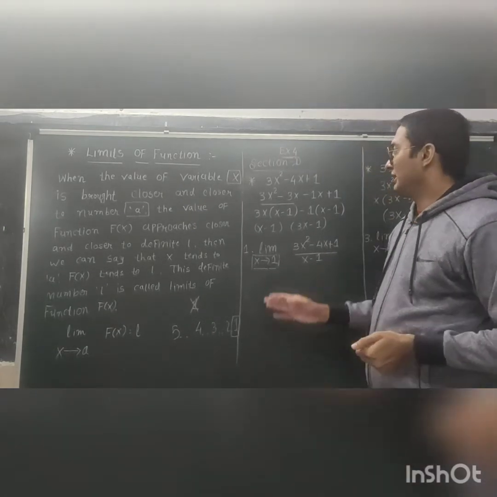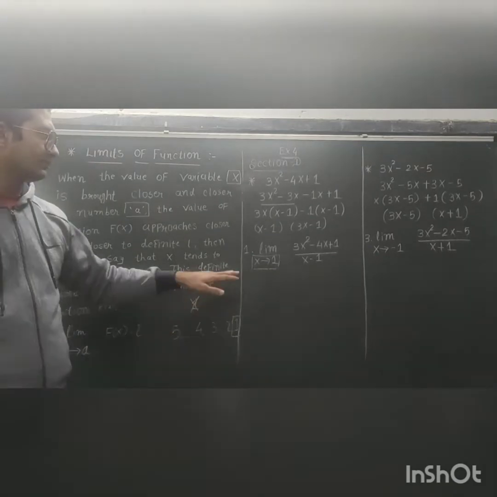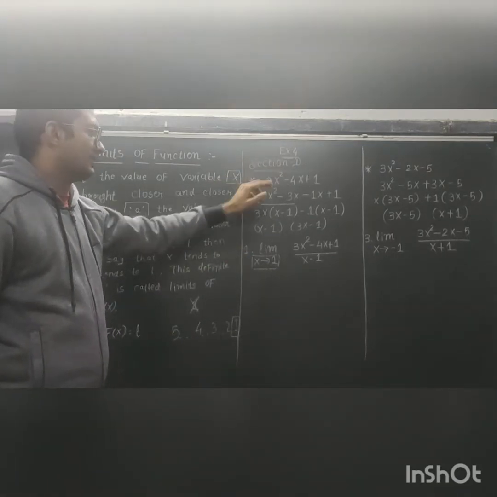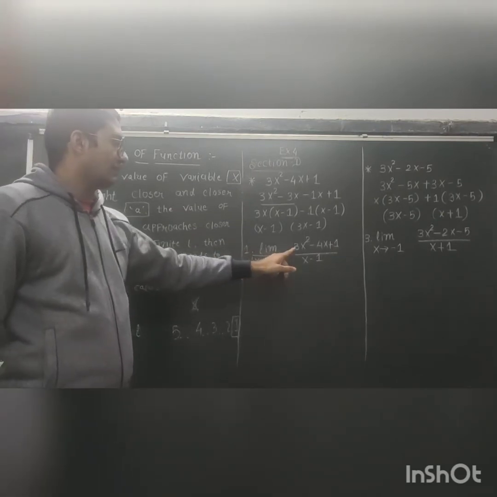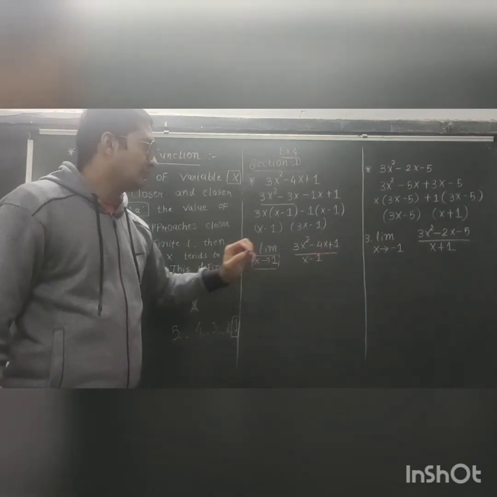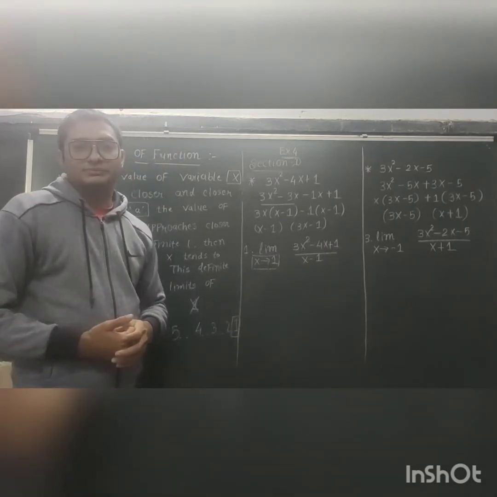Now here there is a sum that I have presented on the board. The question is from your exercise 4, section D. Question number 1: limit of x tends to 1, (3x square minus 4x plus 1) divided by (x minus 1).